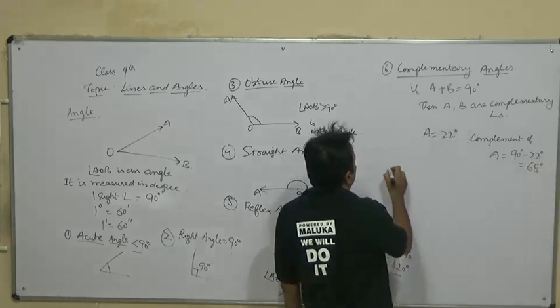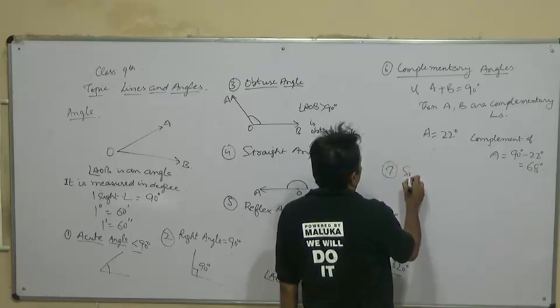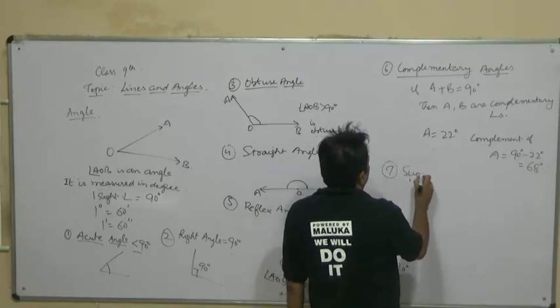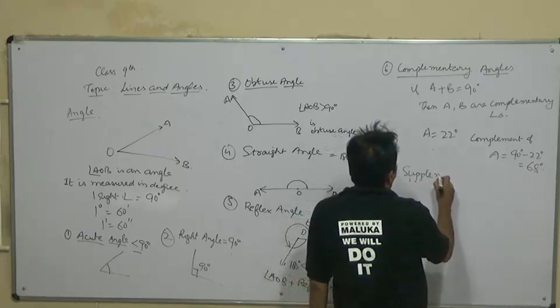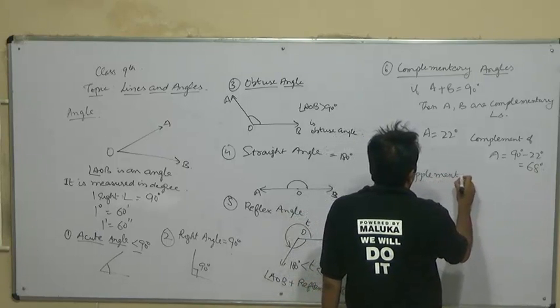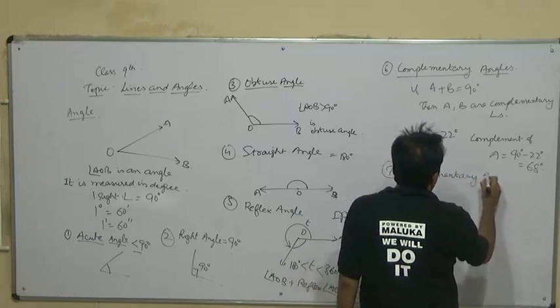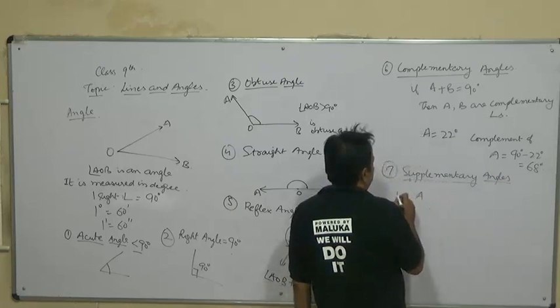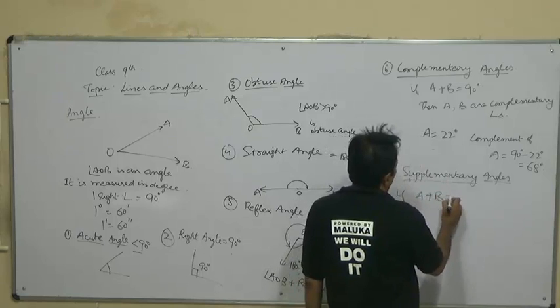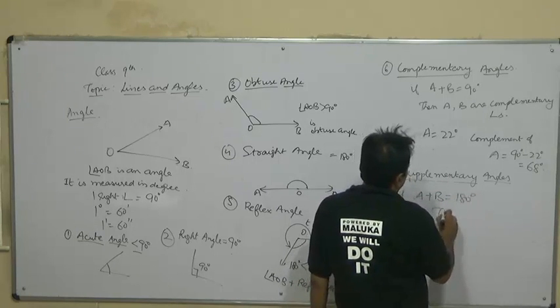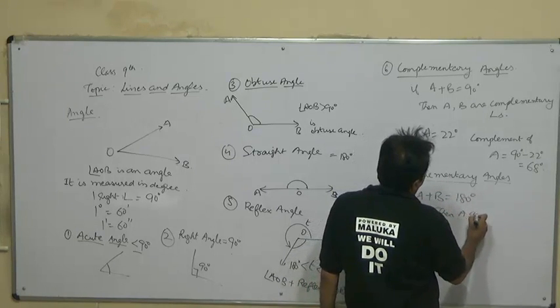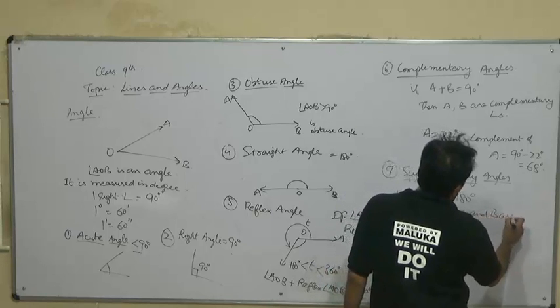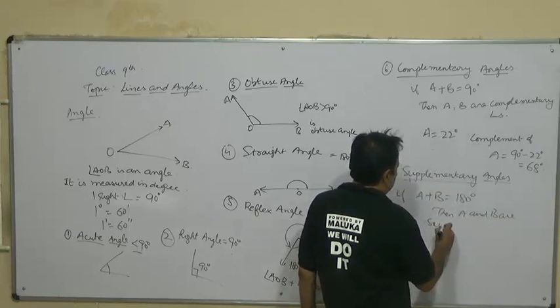Okay, then seventh is supplementary angles. So two angles are said to be supplementary, A and B. If A plus B is equal to 180 degree, then A and B are supplementary angles.